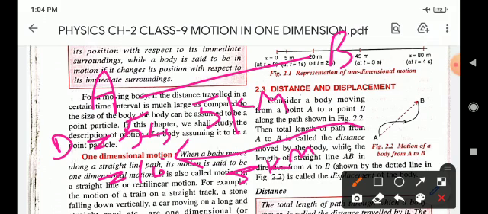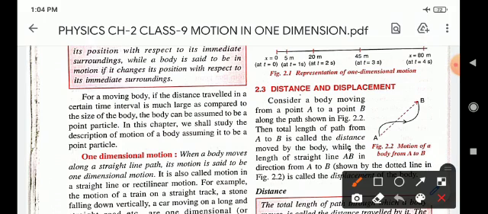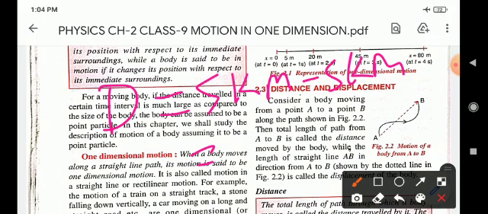Distance does not depend on the direction. But displacement depends on the direction. Therefore, displacement is equal to 5 kilometer minus 5 kilometer, that is 0 kilometer. Okay children.